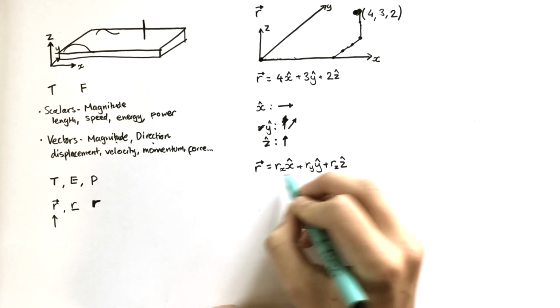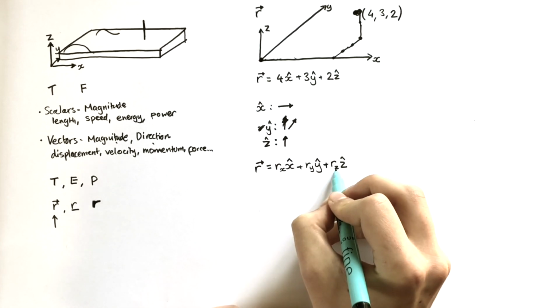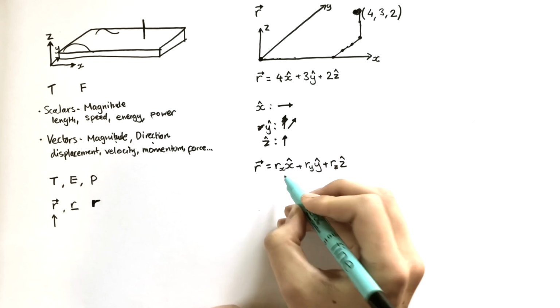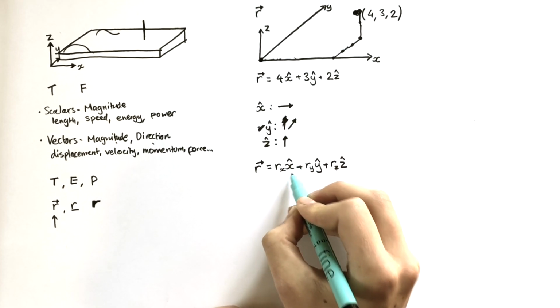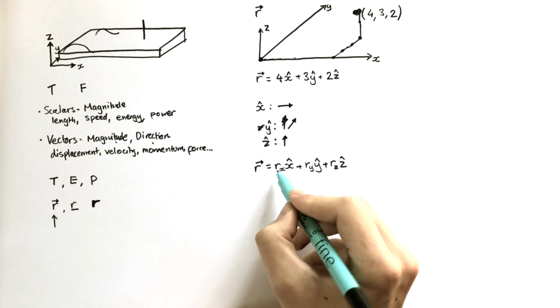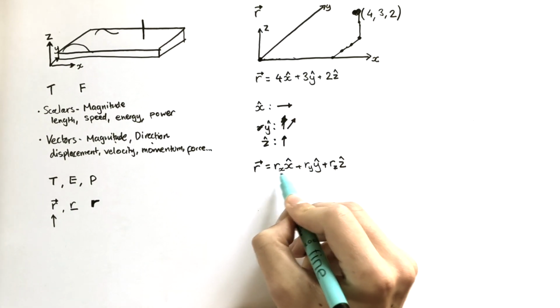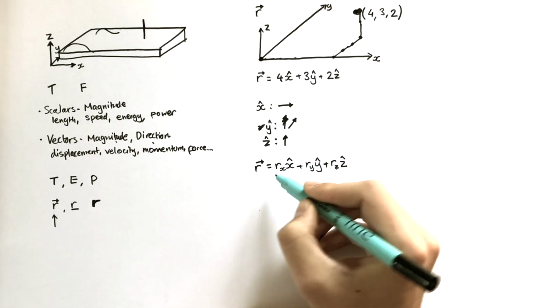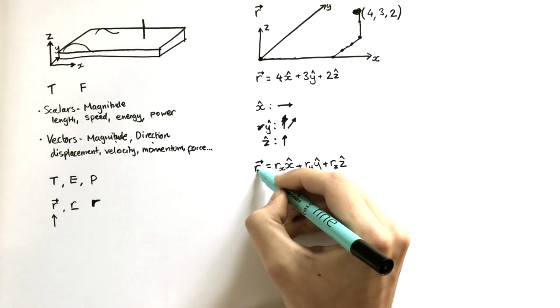These 3 numbers are just scalars, but these little unit vectors are actually vectors themselves. Of course, 4 is just a number, so it's just the factor that you need to multiply each component by in order to get the total vector.